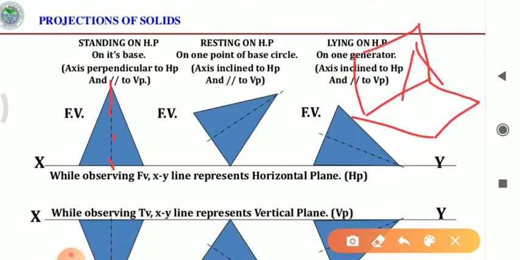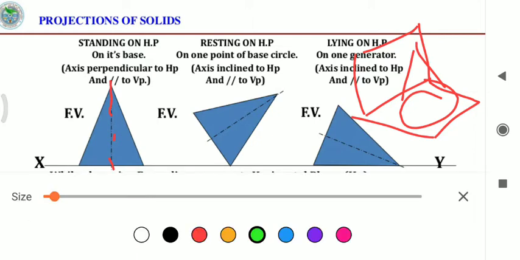this is the cone I kept. This is the axis, which I show in a different color. This axis is parallel to VP, and it is normal to HP. This is the position.